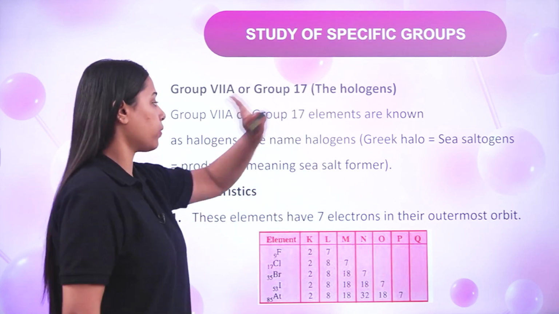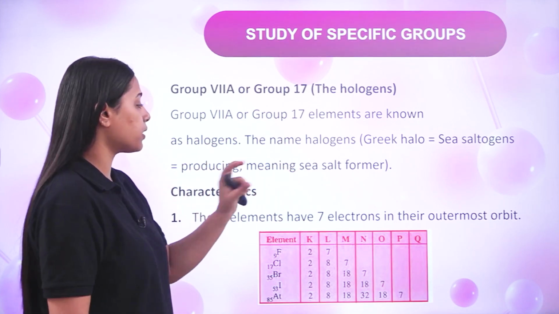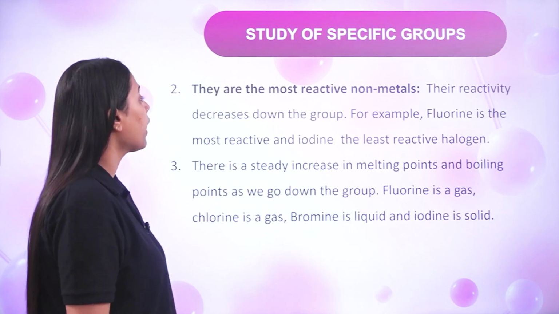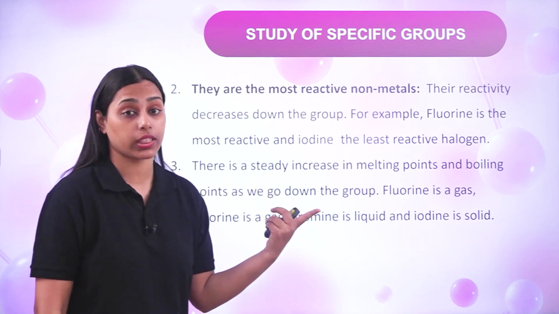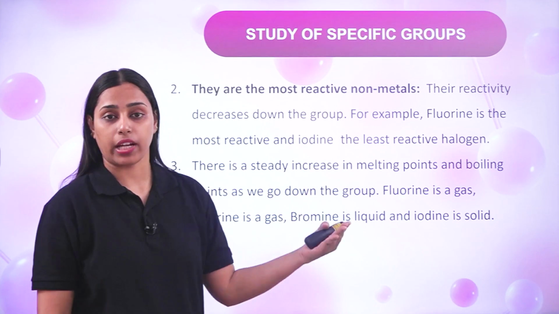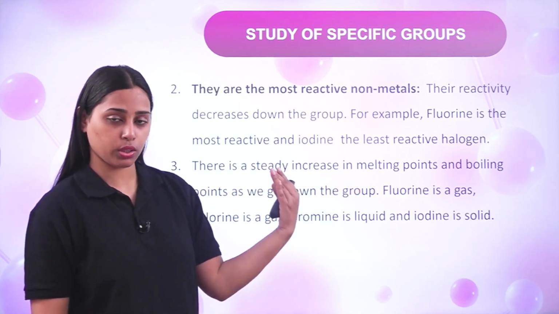The name halogens comes from Greek halos, sea salt, and gens, producing, meaning sea salt former. These elements have 7 valence electrons according to this chart, and they are the most reactive non-metals. Among non-metals they are most reactive because reactivity of non-metals increases left to right, and they are present extreme right, before group 18.